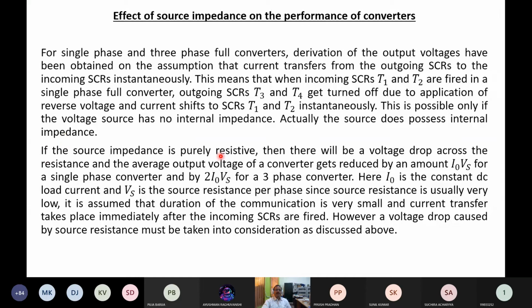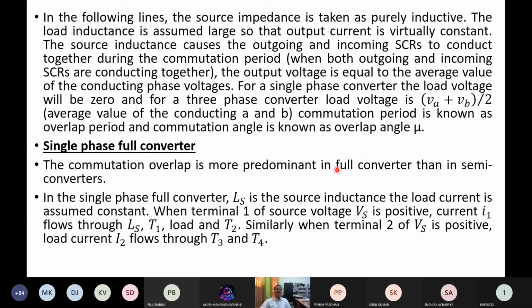If the source impedance is purely resistive, then there will be a voltage drop across the resistance, and the average output voltage of a converter gets reduced by an amount I0 Rs for a single phase converter and by 2 I0 Rs for a three phase converter. But if you take the source as purely inductive, with the load inductance assumed large so that output current is virtually constant, the source inductance causes the outgoing and incoming SCRs to conduct together during the commutation period, the overlap period.